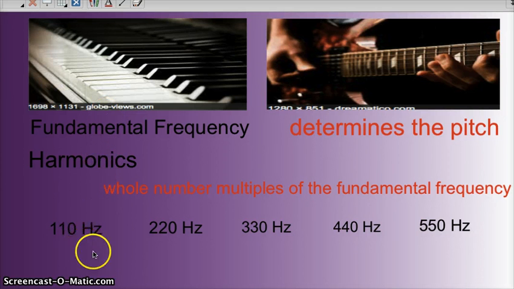So when you have this 220 hertz, it's another harmonic of the 110 hertz. It's another harmonic here, another harmonic here, another harmonic here. They are the whole number multiples. And what happens pitch-wise, of course, is the more harmonics you end up playing, the higher the pitch, and every octave up you double the frequency.